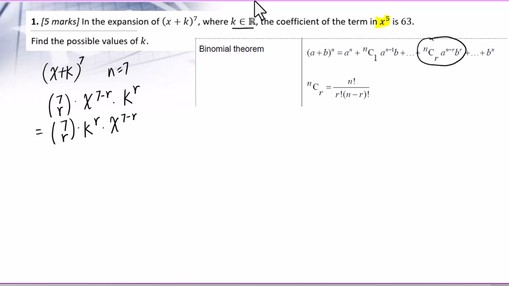We want x to the 5th power, so we need to set up this exponent. 7 minus r equals 5, r equals 2.